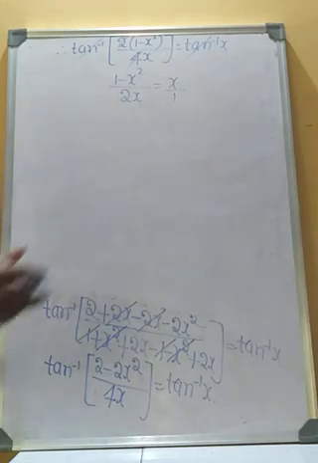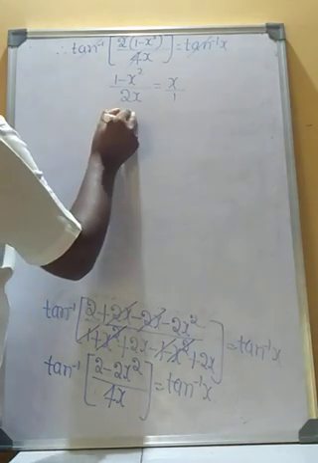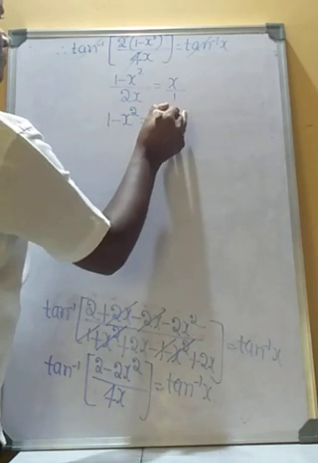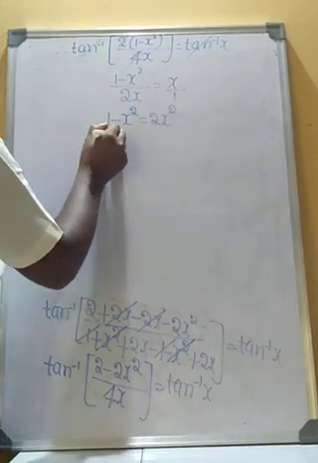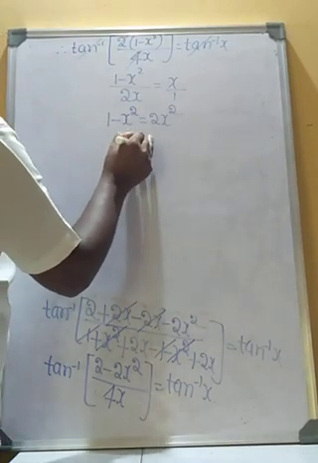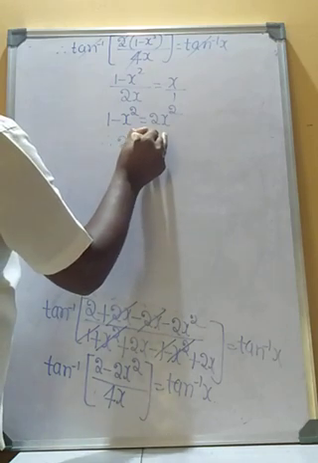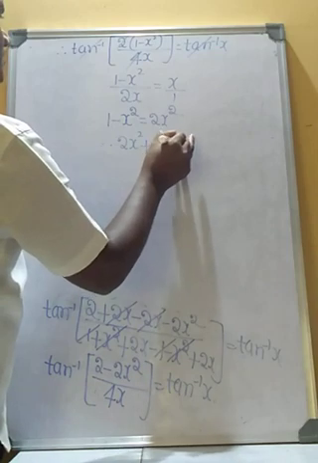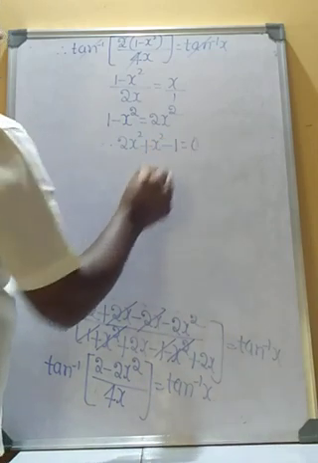By cross multiplying this equation, 1 minus x square is equal to 2x square. Therefore, 2x square plus x square minus 1 equals 0.